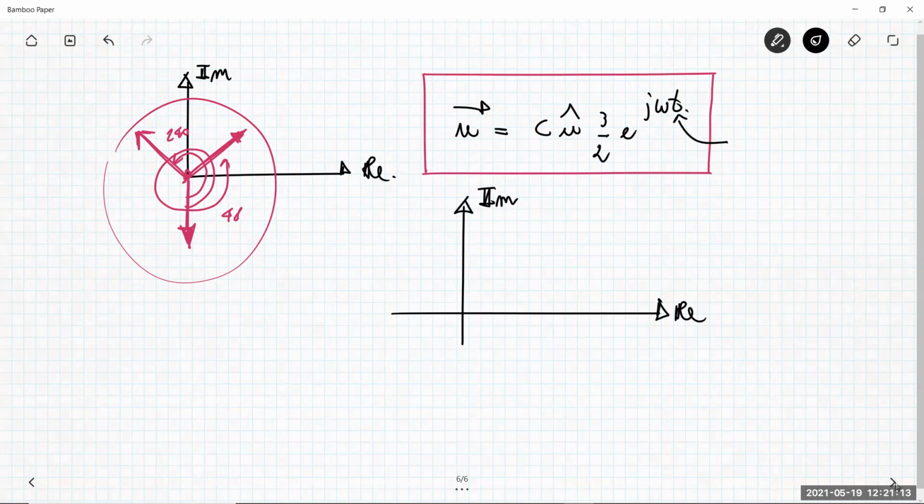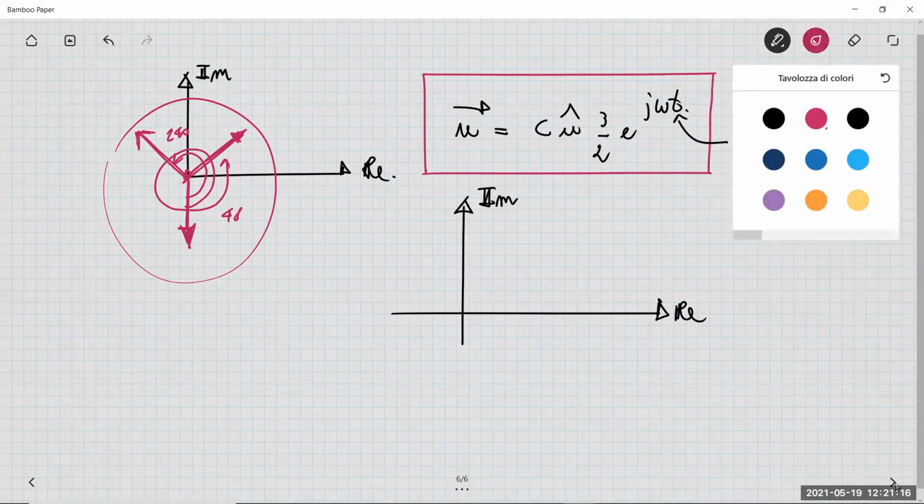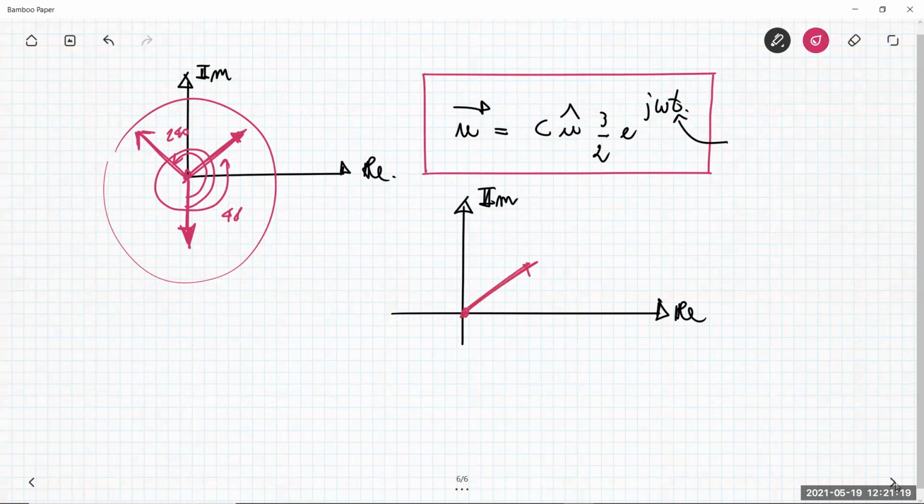So this vector is a rotating vector. You have the amplitude of this vector, so the absolute value, which is C u hat multiplied by 3/2. This is the length of this vector, but then this vector rotates in a counterclockwise direction in this plane. For example, when omega t is null, you have just this real vector.